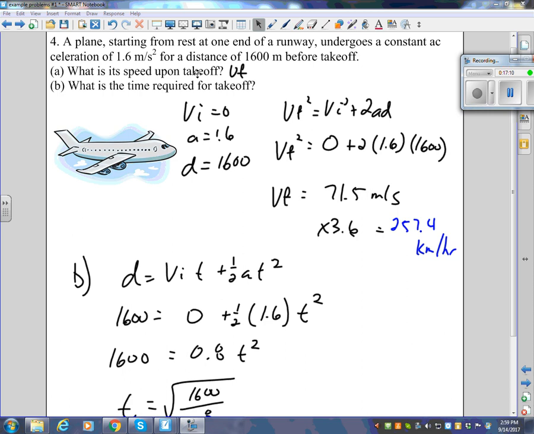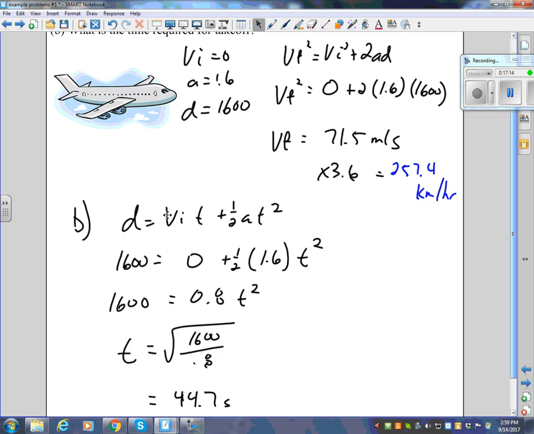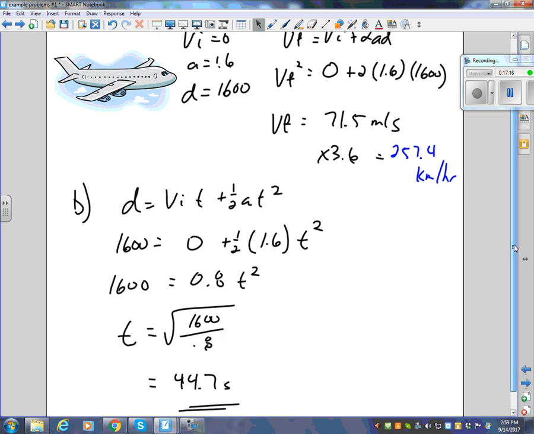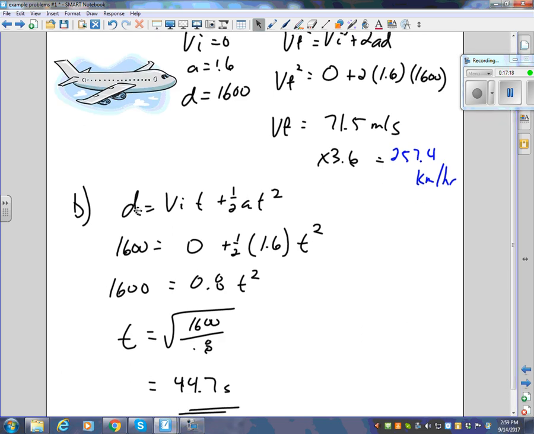In part B, it asks, what is the time required for takeoff? So I'm going to use the only one that has T. Actually, I could probably use VF equals VI plus AT, right? Could do that. Would you get the same value? Of course you would.